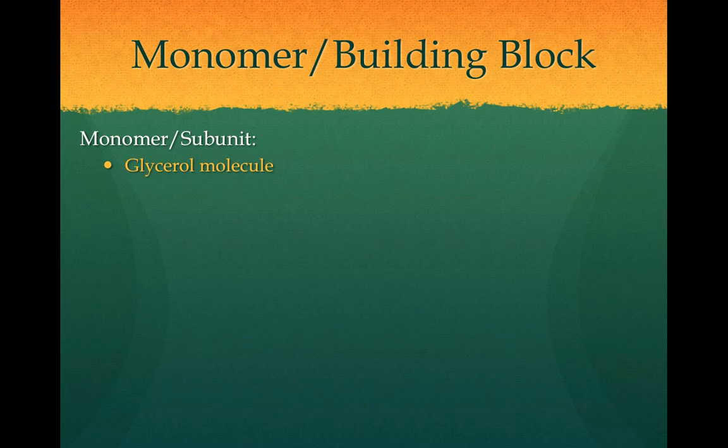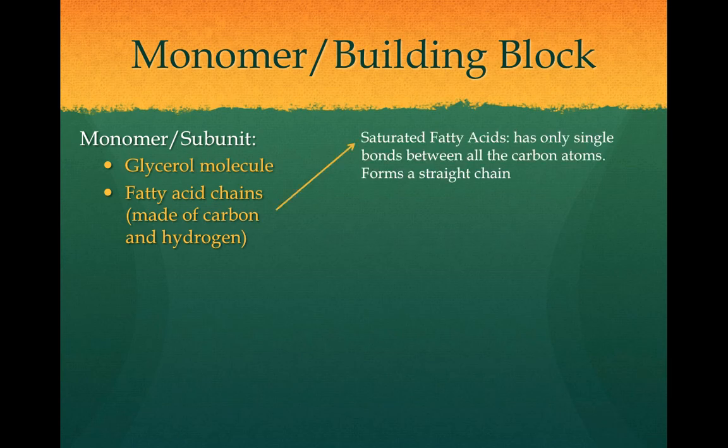You have something called a glycerol molecule as a building block of fats, and then fatty acid chains. Fats are lipids, so we should be able to easily remember fatty acid chains. Again, they're really long chains made of carbon and hydrogen. So you're going to write down both of these things and highlight them. Then we're going to talk a little bit more about fatty acids, but take a minute, write it down.